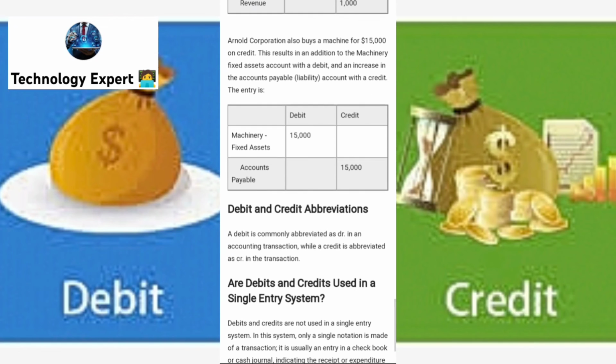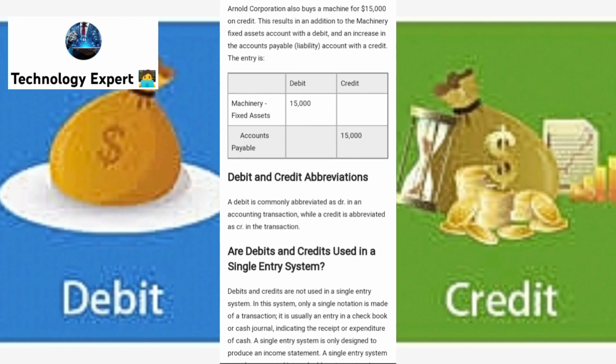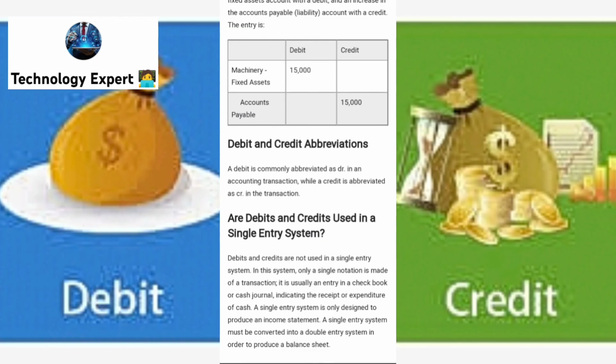The entry looks like this: machinery, a fixed asset account, with $15,000 is debited here, and accounts payable, a liability account, is credited here because it is going to increase by $15,000.